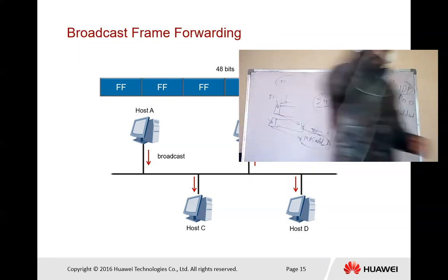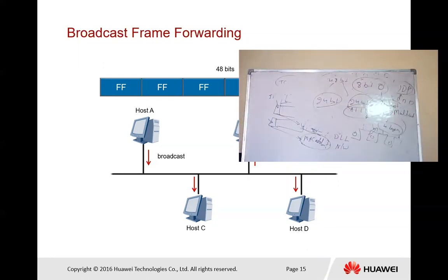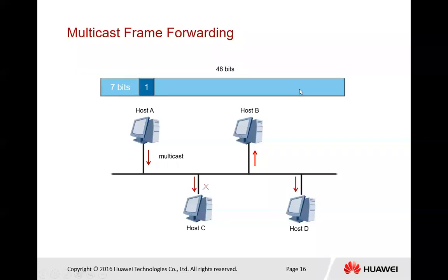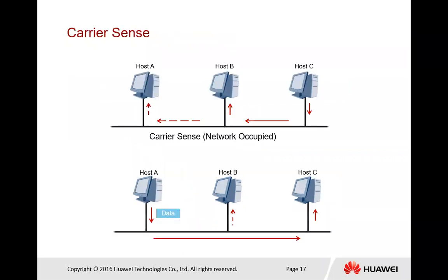Okay, so next, after this we have the multicast address. That means in the case of a frame, if the 8th bit is 1, this is our multicast address. So after that we have the carrier sense.